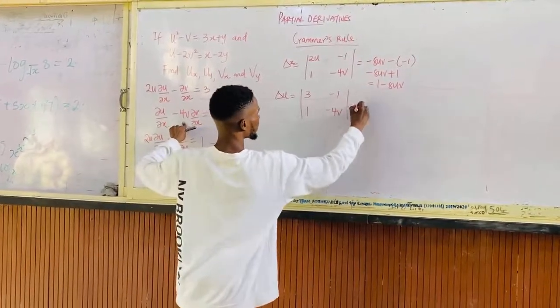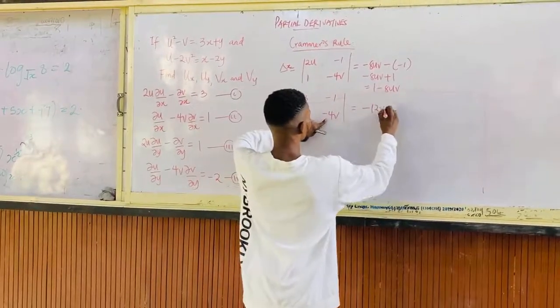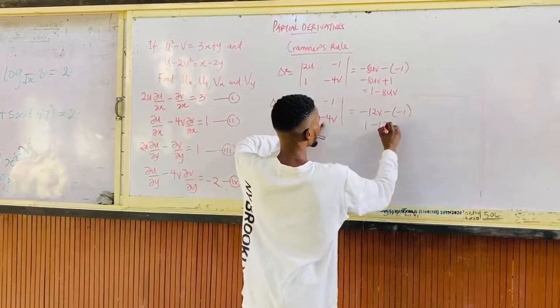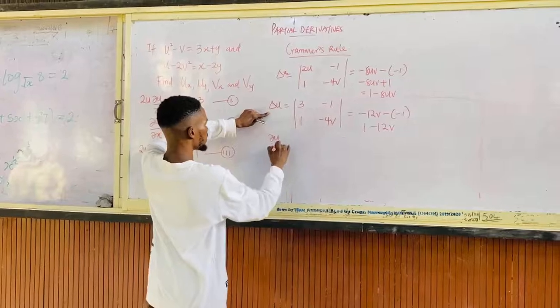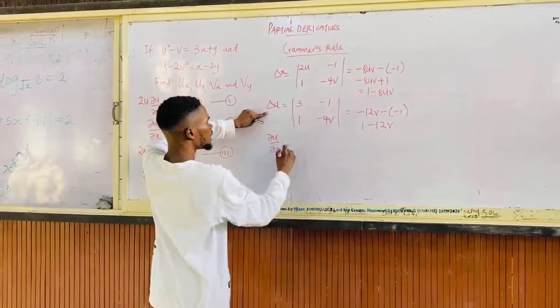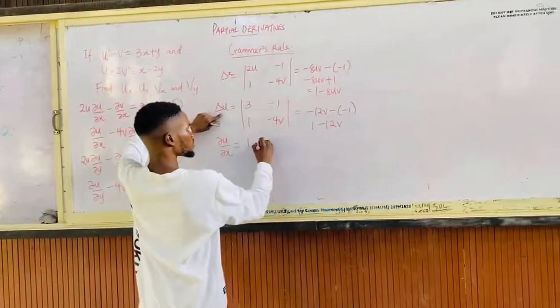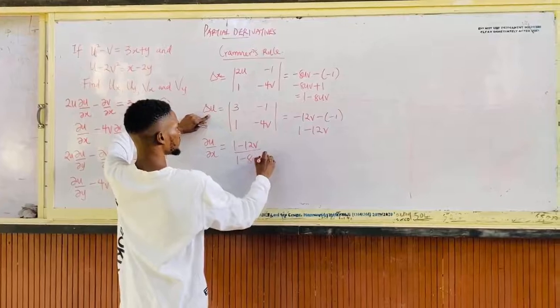Now what is the determinant? The determinant is minus 12v minus 1, which is 1 minus 12v. So the del u del x becomes this over this. That's 1 minus 12v over 1 minus 8uv.